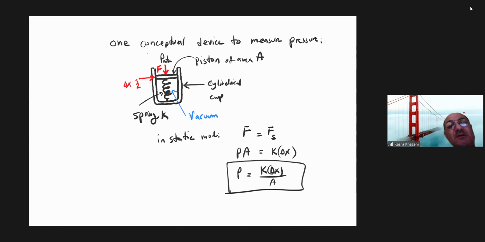So let me give you some examples of pressures in different places. Here's some pressures. This is atmosphere at sea level.